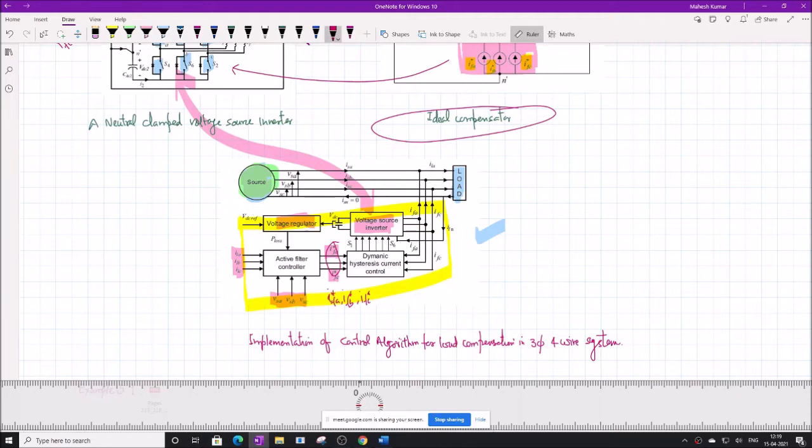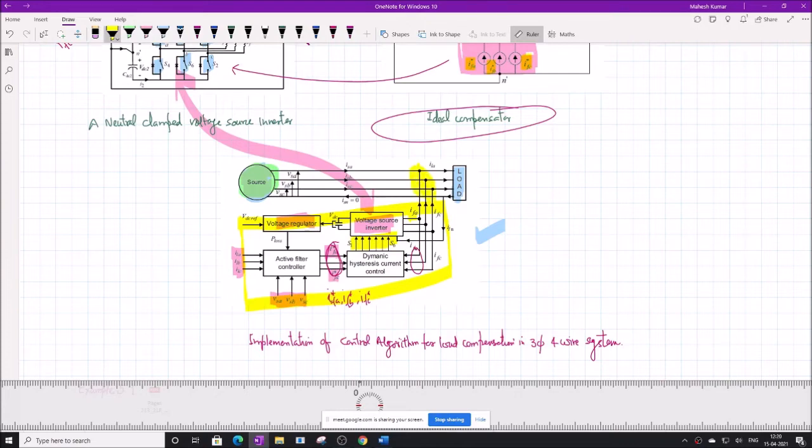Based on these, the reference values are compared with the actual values, and based on the comparison, the switching commands are generated for the inverter. Then the inverter switches, and based on the switching, it makes the currents IFA, IFB, and IFC, which are being injected at the point of common coupling here.